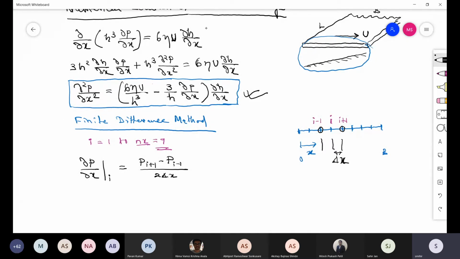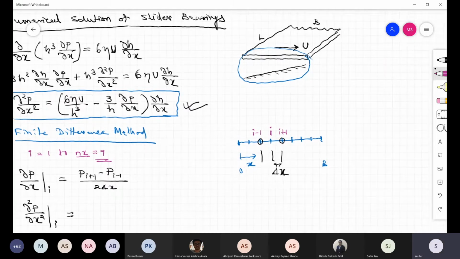Okay, so the value p I plus 1, this one, minus p I minus 1, this one, divided by, this is becoming 2 delta x, so this is 1 delta x, so this total distance is 2 delta x. Okay, so this expression will give you del p upon del x at ith point. Now the next thing is that if you want to evaluate del square p upon del x square at ith point, then let us assume two hypothetical points here and here.